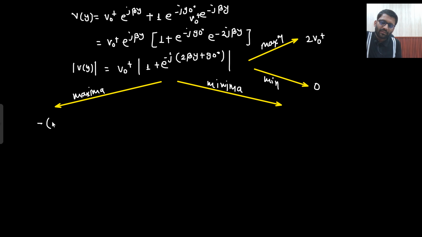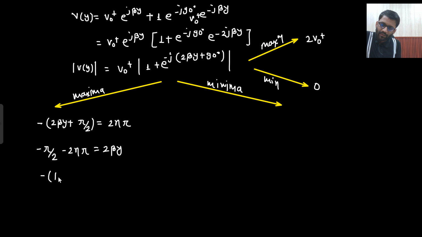So minus 2 beta y plus pi by 2, for maxima this should be equals to what? So this should be equals to your 2n pi, because 0, 2 pi, 4 pi, that would give you cos 1. So this should be equals to 2n pi. So from here what you are getting? Minus pi by 2 minus 2n pi, right? This is minus pi by 2 is equals to 2 beta y.